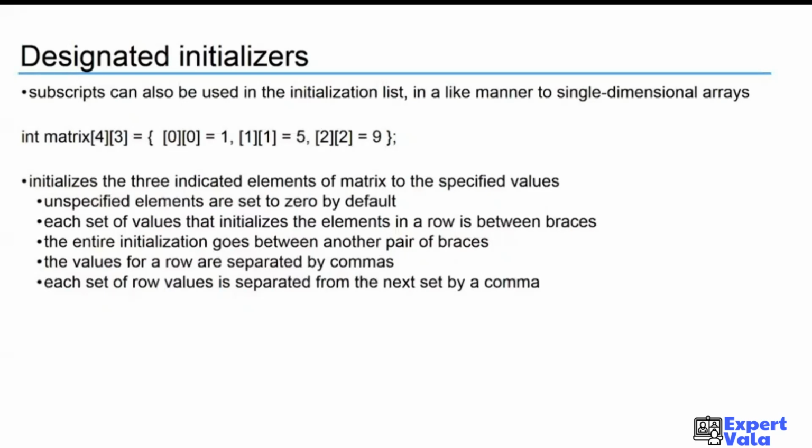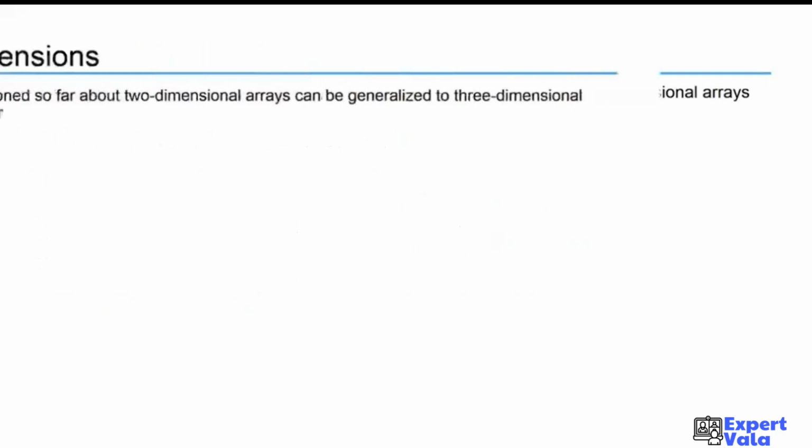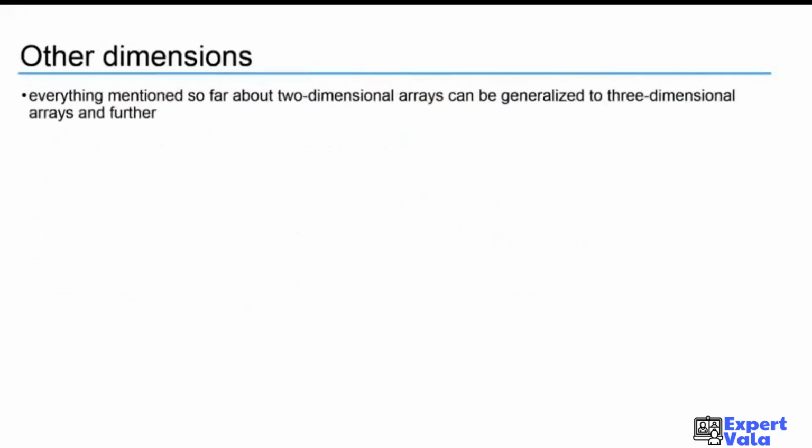Now, just because we said that we have 2 dimensions and we have been talking about that, you can actually have many other dimensions. Everything I have talked about with 2 dimensions also applies to 3 dimensions, 4 dimensions, 5 dimensions. So if you wanted to declare a 3-dimensional array, you would do it with 3 square brackets.